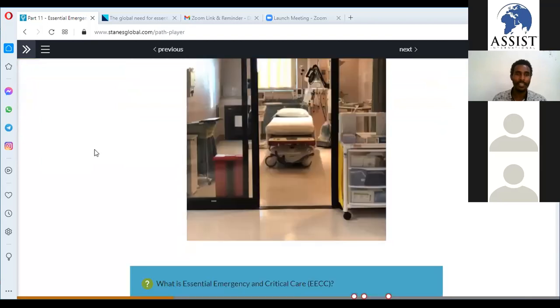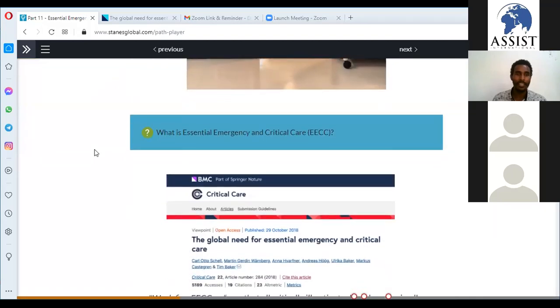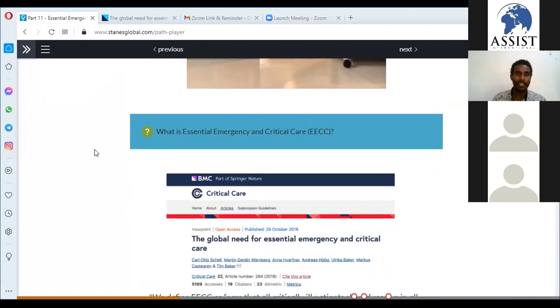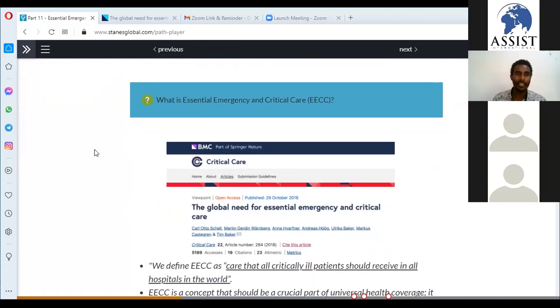So we don't need extensive technology. But for further care in the intensive care unit, we might need to upgrade our technologies, and further instruments may be needed. But for this care, we don't need extensive technology. So what do essential emergency and critical care mean?